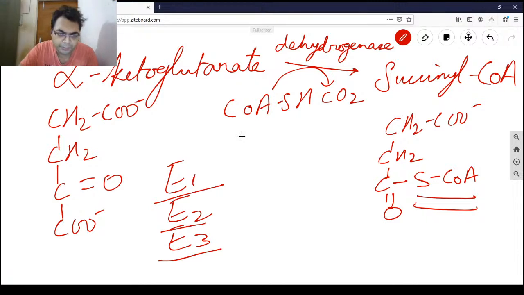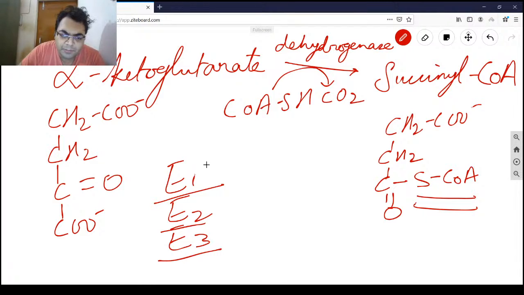And we also talked about how it required the function of thiamine pyrophosphate, lipoic acid, coenzyme A, and FAD. So NADH, NAD plus, all these things are required and this is being produced.